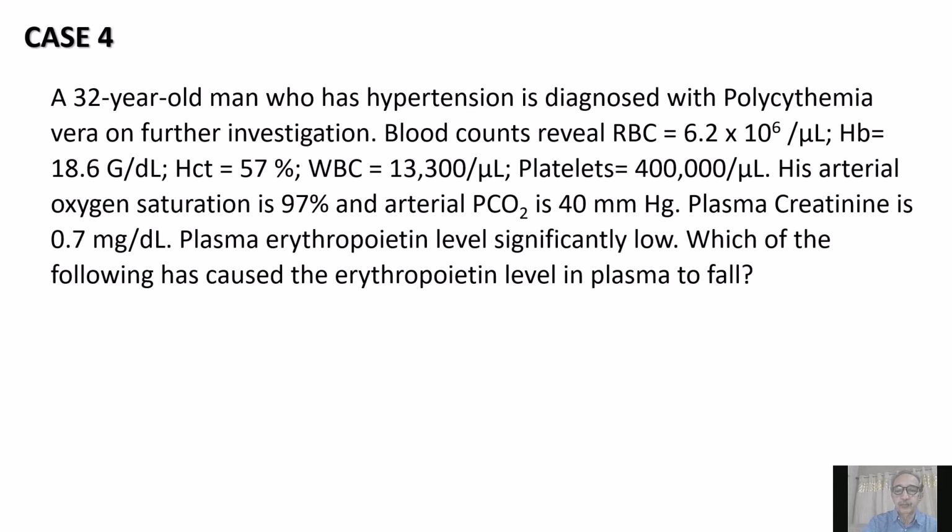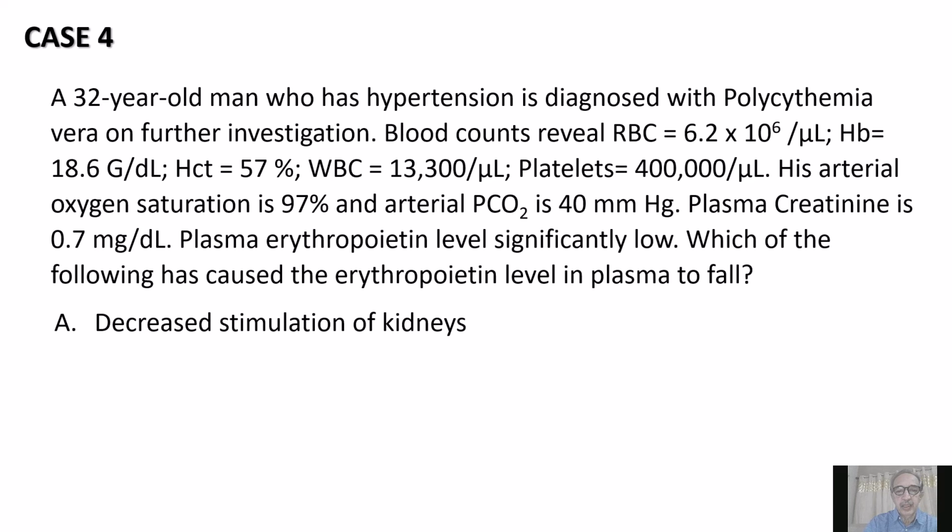Look at this. So that means it is not secondary polycythemia. It is polycythemia vera, the diagnosis is already given. Now the question is, which of the following has caused the erythropoietin level to fall in the plasma? Why is the erythropoietin low?